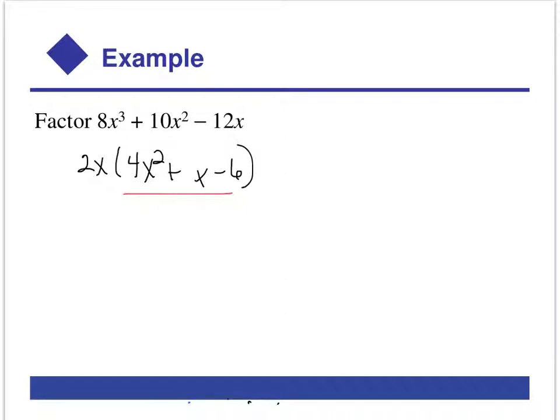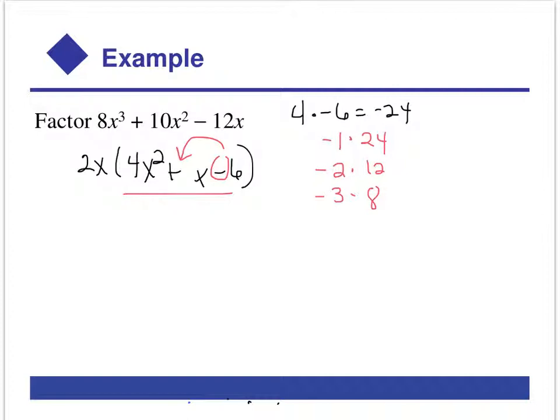So AC method, 4 times negative 6 gives us a negative 24. So that works. So now we look for factors of negative 24 whose sum is 5. Again, this was negative, so I'm going to look here, and because the sum is positive, our larger number is going to be positive. So if we go through them all, we have negative 1 times 24, negative 2 times 12, negative 3 times 8.